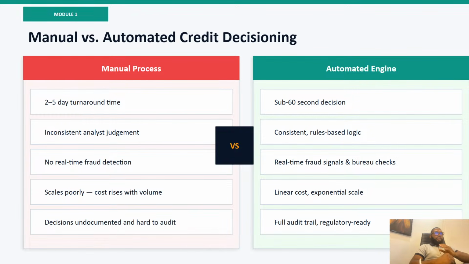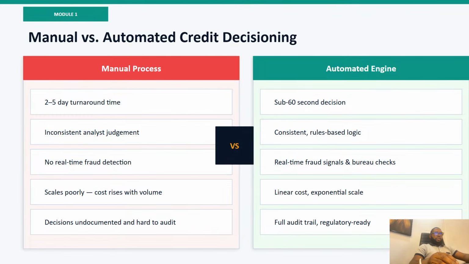And the behavior checks are also instant with algorithms to identify trends and patterns rather than having an underwriter reviewing those trends. There are flags and signals that these automated engines come with, and the cost is linear and it can scale exponentially. Maybe the only thing that you need to reason about is the cost of storage.